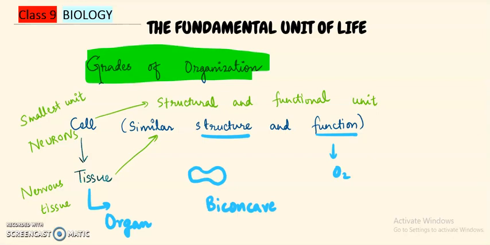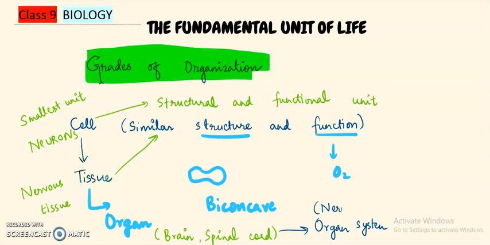Now nervous tissue will be getting collected together to form the organ, and because we are studying about nervous system, so the organ in this case will be brain, spinal cord, right? Now brain and spinal cord will be getting collected together to form the organ system, and the name of the organ system in this case would be nervous system.